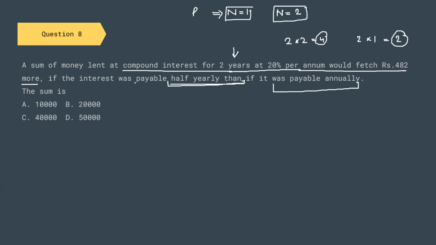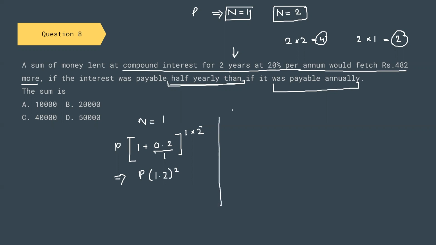So for the first case, when n is equal to 1, the equation will be P into 1 plus 0.2, that is the rate of interest, divided by 1, to the power 1 into 2. This is t and this is n. If we simplify this, we are going to get P into 1.2 whole square.